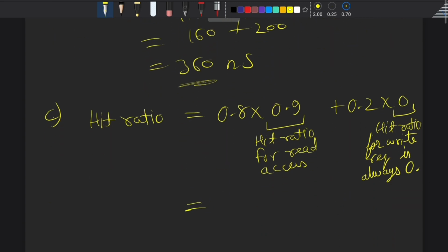So here, after calculation, we will get 0.72. So this is the hit ratio by taking into consideration both read and write requests.